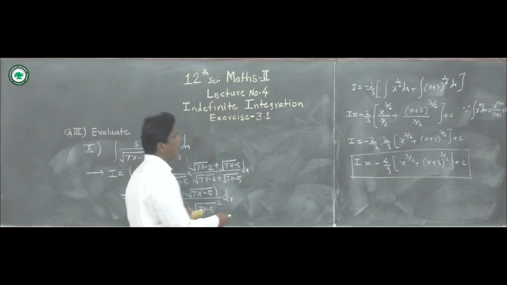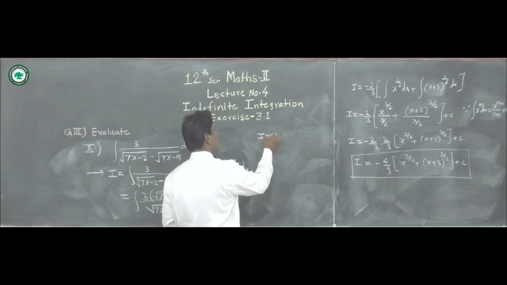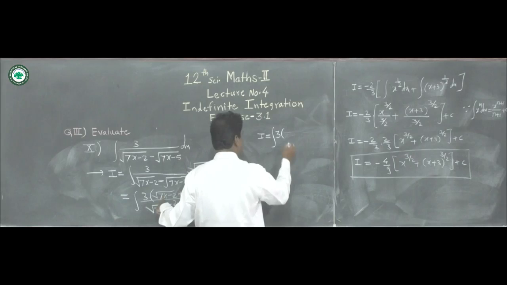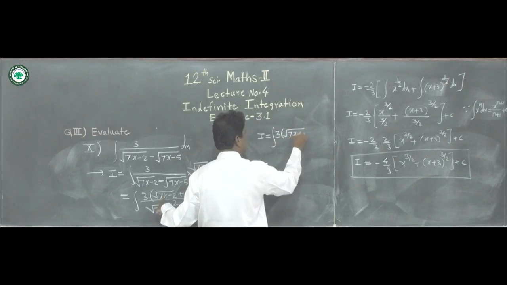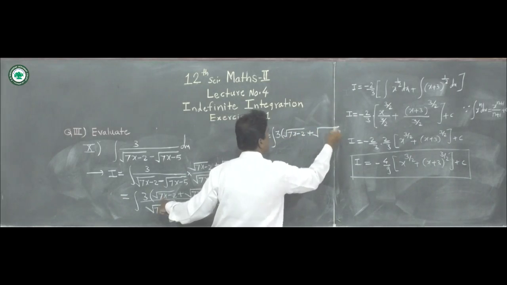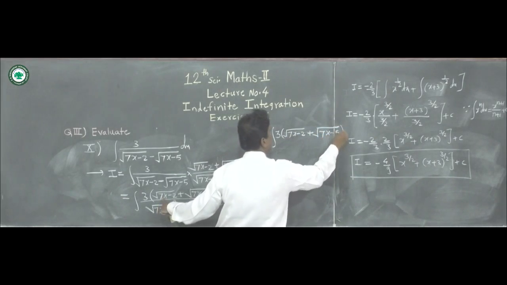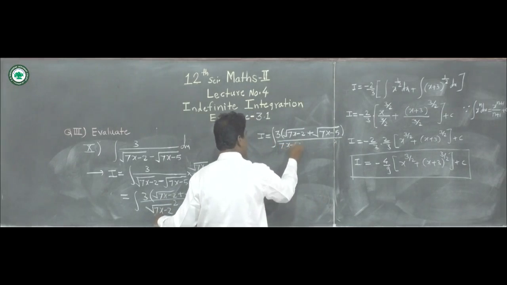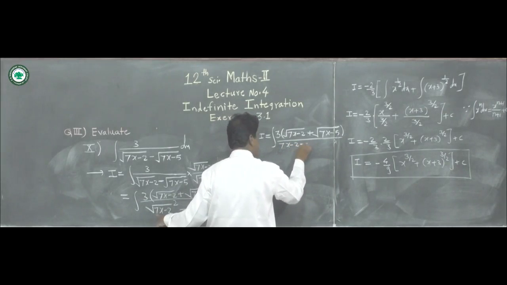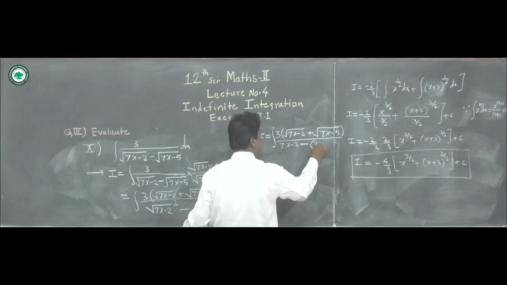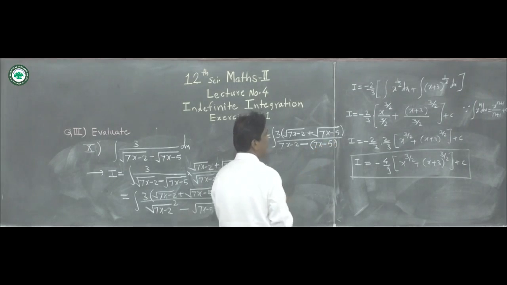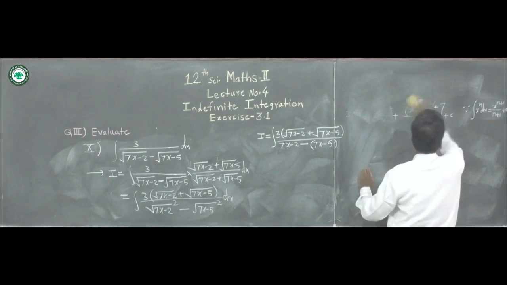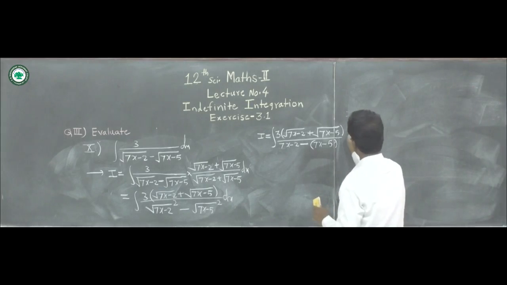So we get here I is equal to integration of the numerator as it is, 3 into under root of 7x minus 2 plus under root of 7x minus 5, divided by, square root and square get cancelled, so it is 7x minus 2 minus (7x minus 5), and dx.